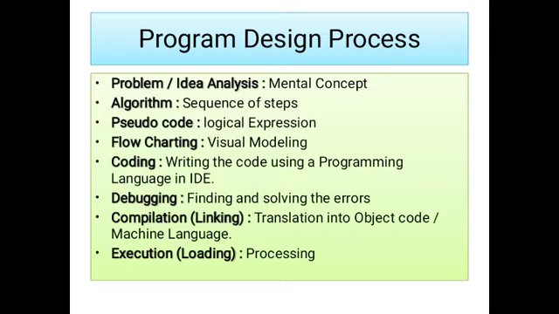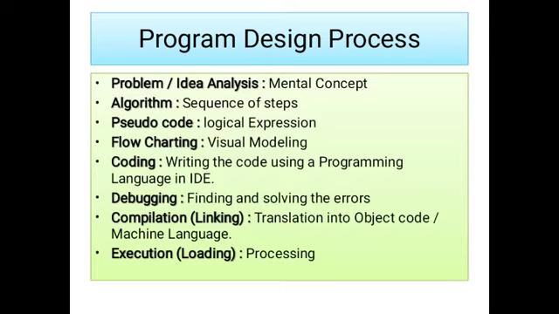After that comes the step of flowcharting. This is visual modeling on paper, and then there comes the process of coding, which is writing the code using a programming language into the IDE. When we write code in an IDE, it generally has some errors which are of syntax and logical nature.